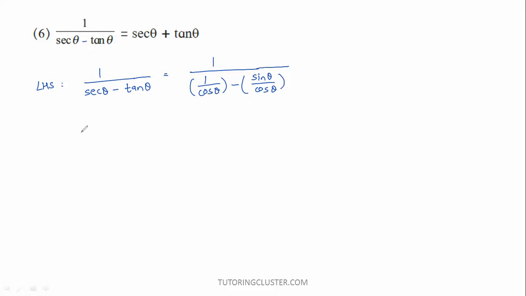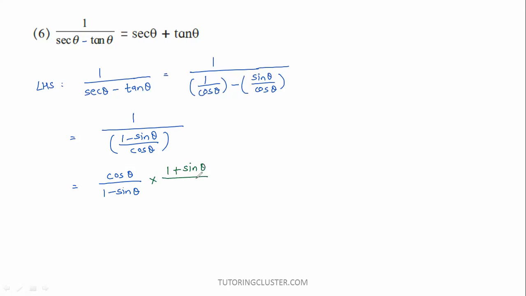Okay, now do the cross multiplication. No need to do cross multiplication, denominator is same, so it will be 1 minus sin theta upon cos of theta. Okay, denominator is same, so this cos theta you can take on the upside, so it will be cos theta upon 1 minus sin theta. Now I have told you, if there is 1 minus sin theta in the denominator, multiply it with its conjugate.